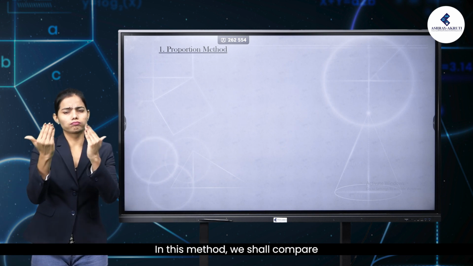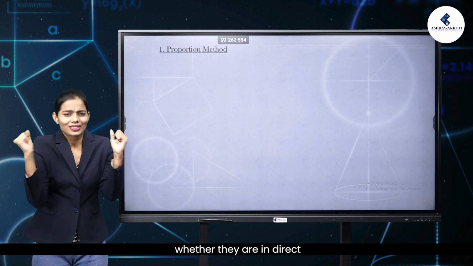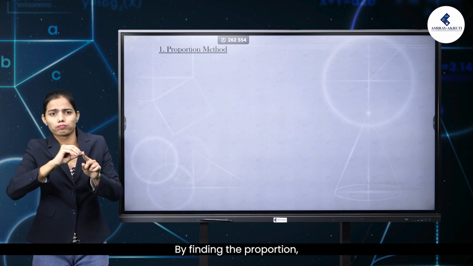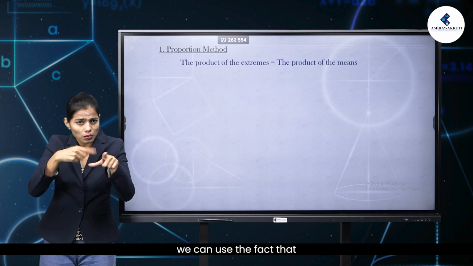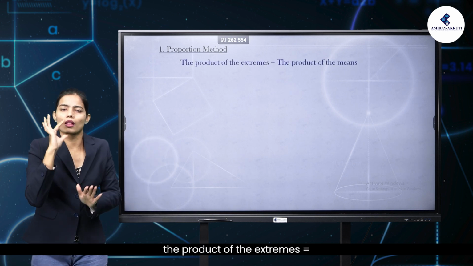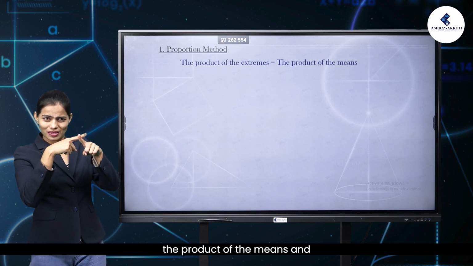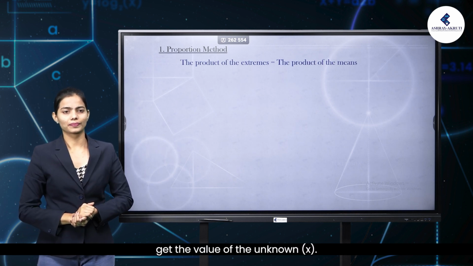In this method, we compare the given data and find whether they are in direct or inverse proportion. By finding the proportion, we can use the fact that the product of the extremes is equal to the product of the means and get the value of the unknown x.